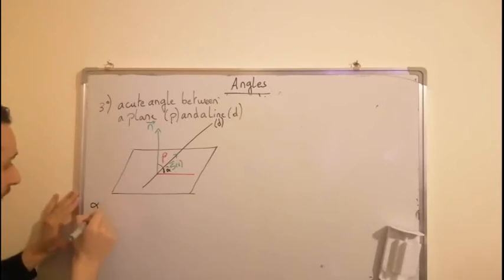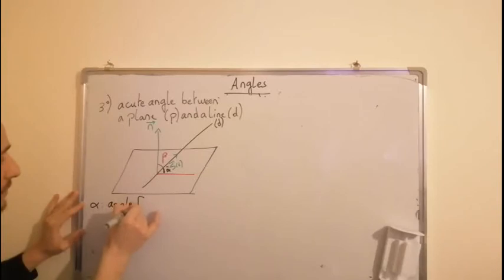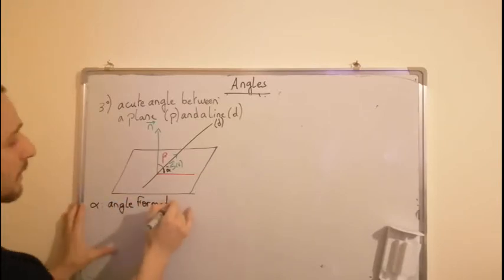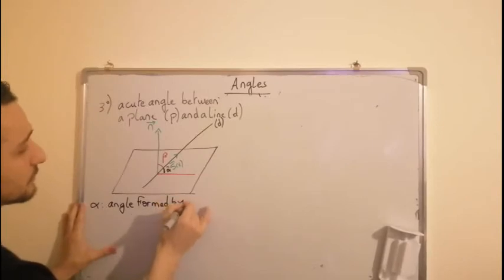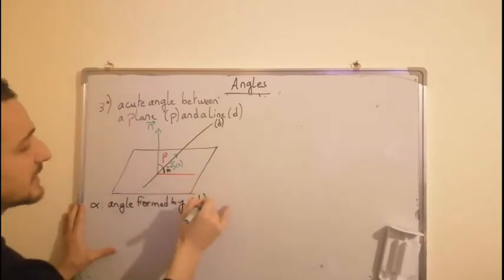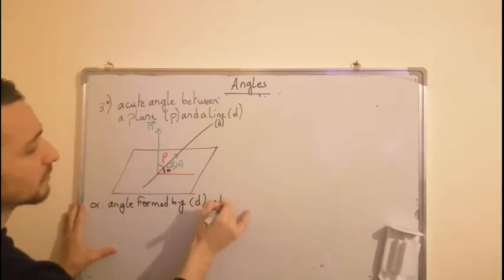Alpha: angle formed by line D or SD and plane P.